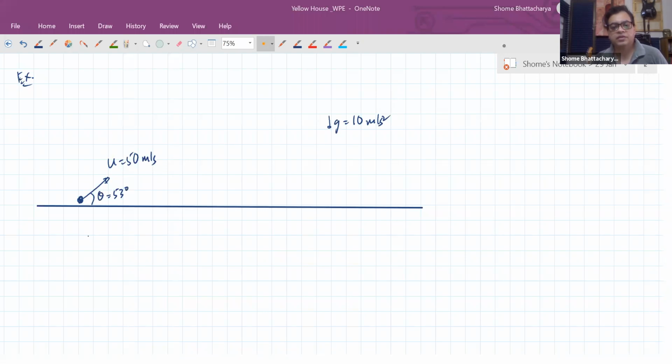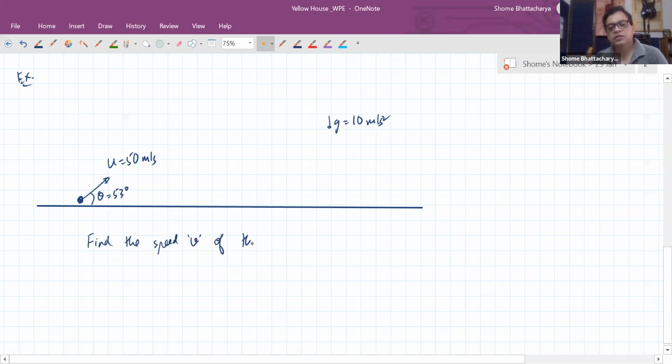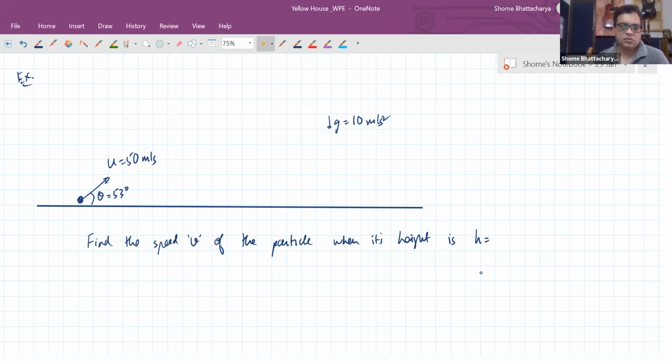I'll explain that. I want you to find the speed v of the particle when its height is 20 meters. Find the speed at a height of 20 meters.